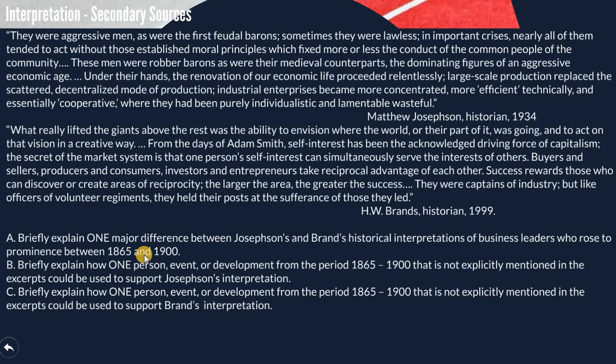So we know that they're talking about robber barons and captains of industry. Usually when you see an interpretation source, A is going to ask about a similarity or a difference, and then B and C would usually ask about providing historical evidence to support Historian 1 and Historian 2, as you can see here.